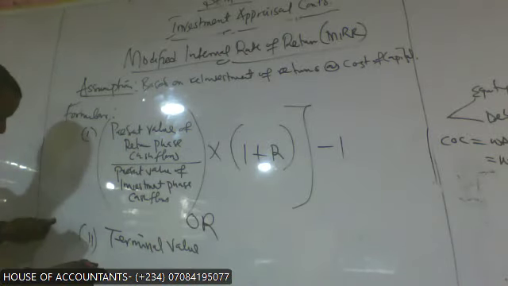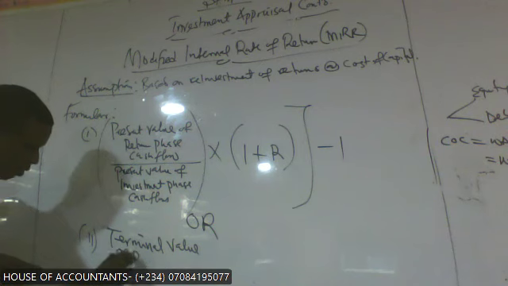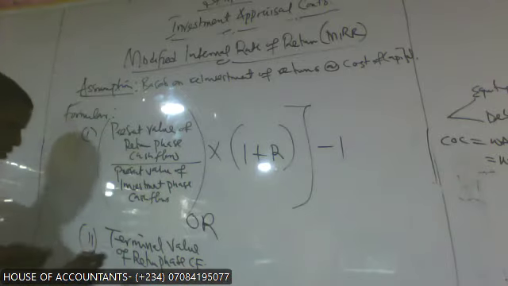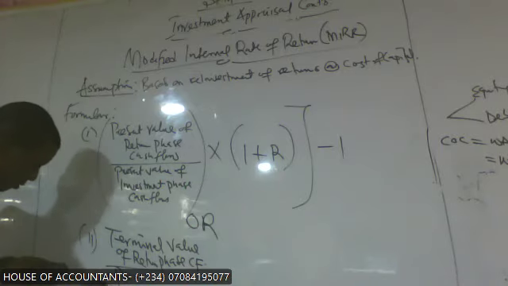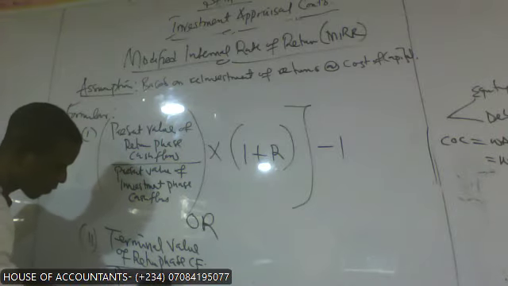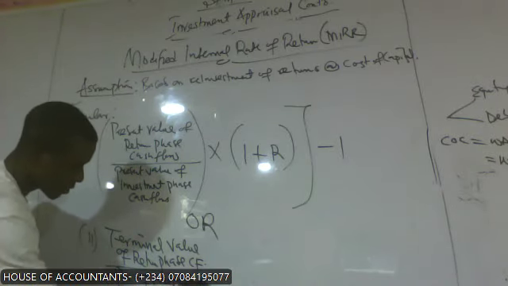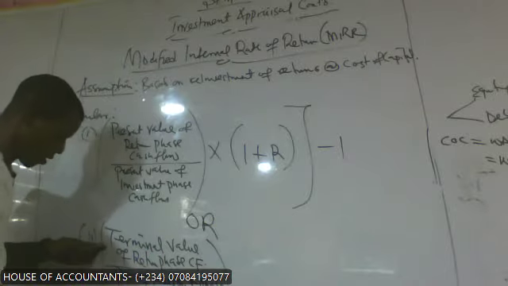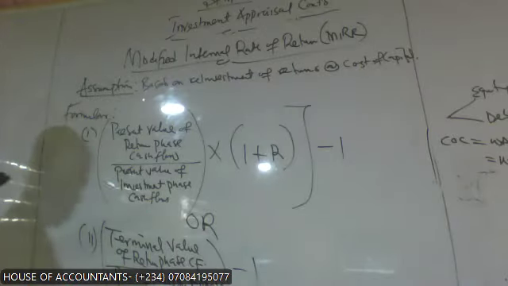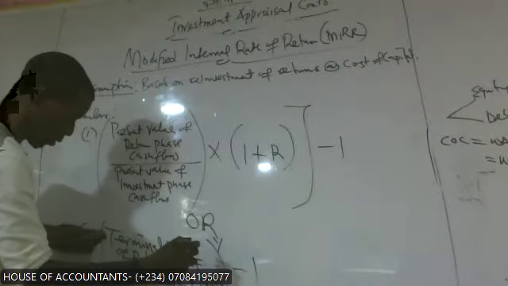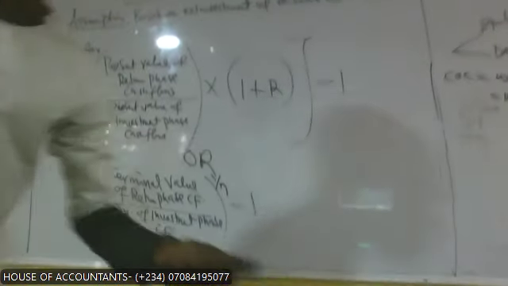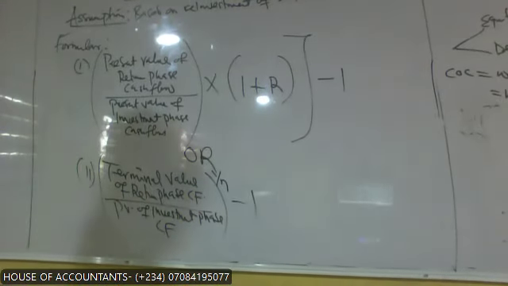Terminal value of return phase cash flow divided by present value of investment phase cash flow, all to the power of 1 divided by n, all minus 1.